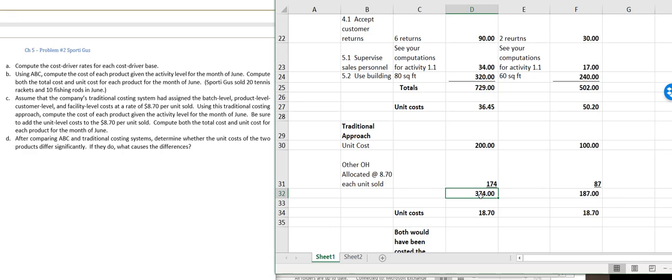Here's our total cost: $374 using traditional overhead costing, whereas in activity-based costing we've got $729. For the fishing poles, we've got $187 in the traditional and $502 in the ABC. So something else is using up those costs. We don't know what it is, but somebody's getting charged a lot.